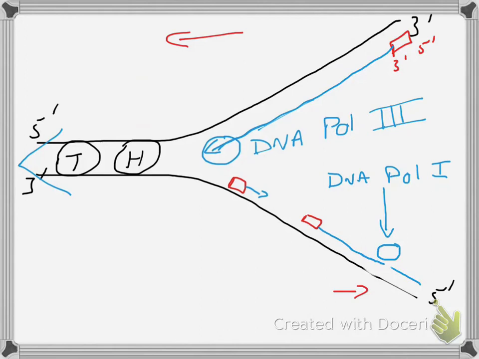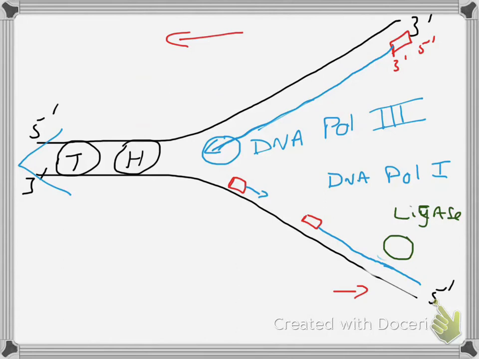Now, once DNA polymerase 1 is done, an enzyme called ligase is going to come in. I'll make ligase green. What ligase does is make this final bond right here and make this one continuous fragment.